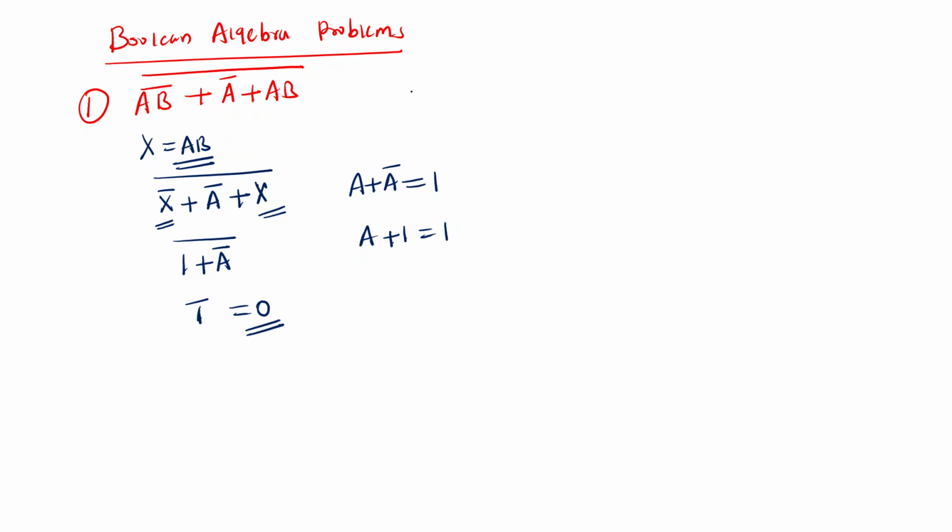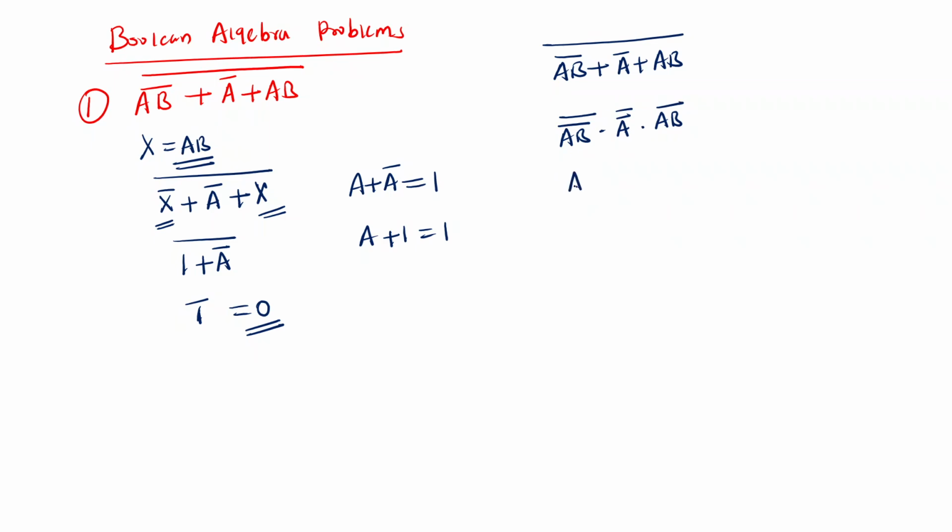Okay, so this is one method. The other method is the normal one, where you apply De Morgan's law. So this is nothing but (AB) bar plus A bar plus AB. I am applying De Morgan's law. (AB) bar whole bar, OR will change to AND: A bar whole bar and (AB) bar whole bar becomes AB.